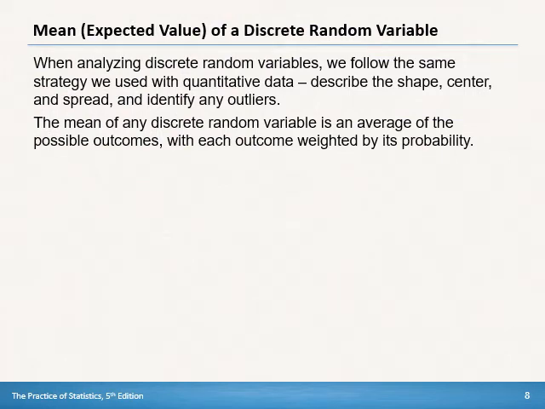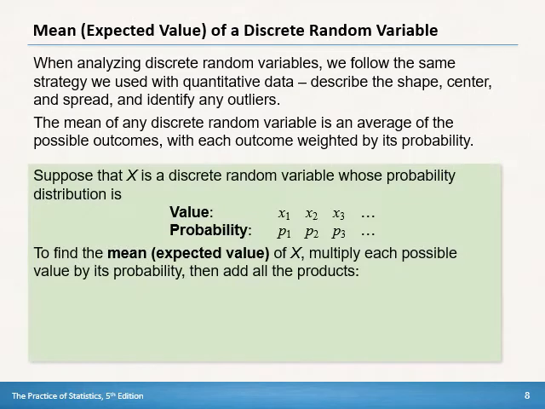Okay, so we saw that introduction of expected value. The expected value, or the mean of a discrete random variable, is the average of the possible outcomes with each outcome weighted by its probability. So it's like a weighted average. Here again we have our random variable distribution, with the possible x values and underneath them the corresponding p values.